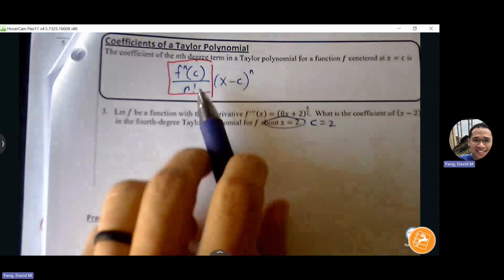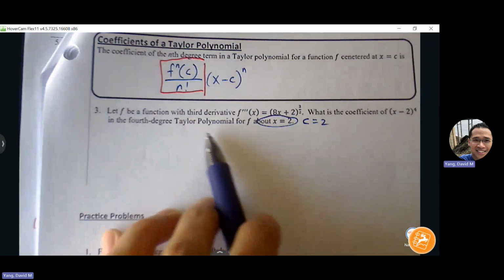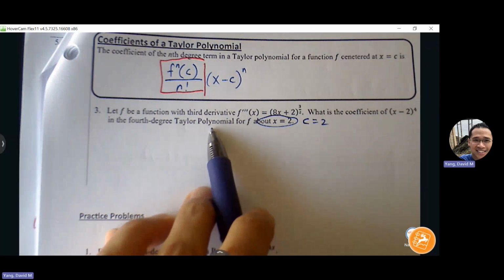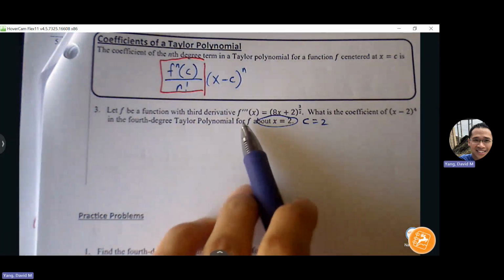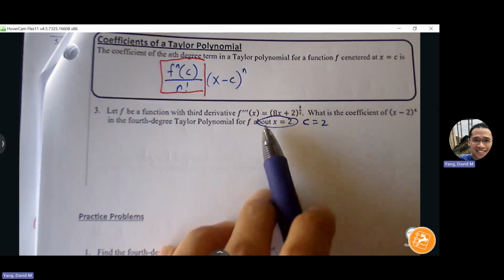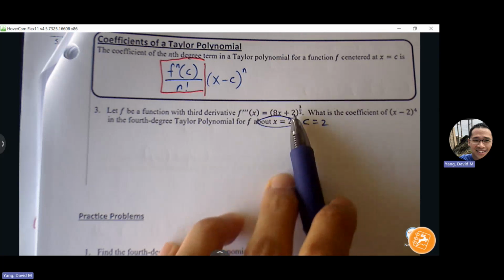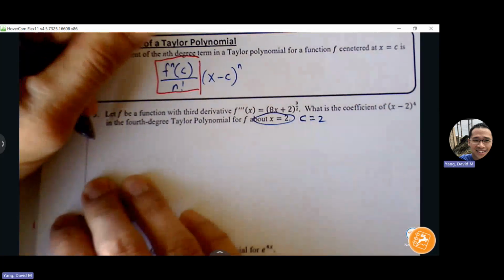That means if I want to find anything involving the fourth degree polynomial, I need the fourth derivative, right? But the nice thing is they give us a third derivative. We just find one derivative further. We don't have to find it from f of x all the way to the fourth derivative. We just have to go one more derivative down. So that's fine. Let me just set this up here.